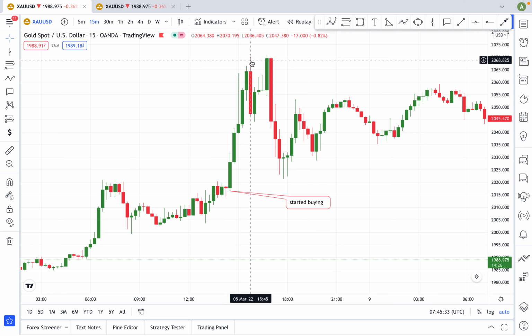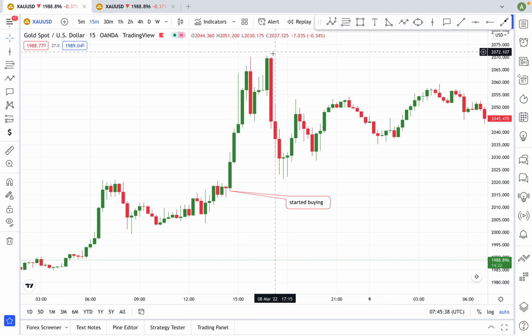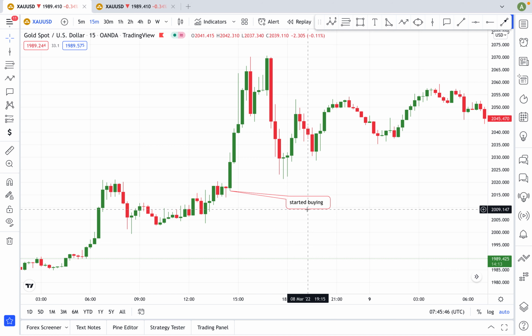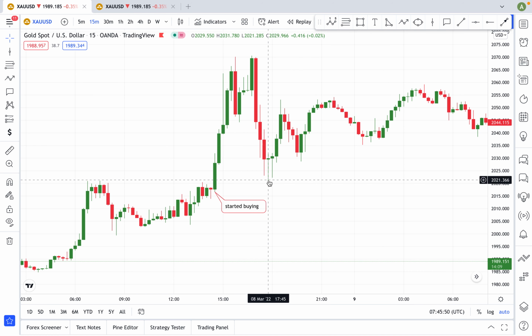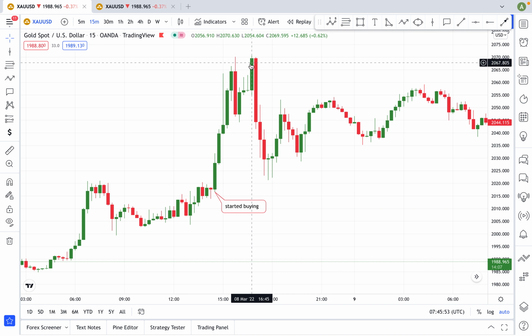It bought up to this extent. Seller sold. They bought back again. Buying climax, and then the seller sold again. They sold all the way from up till down. Can you see that? They sold all the way from up to down. So that's the communication that the market is no more buying, the market is selling.